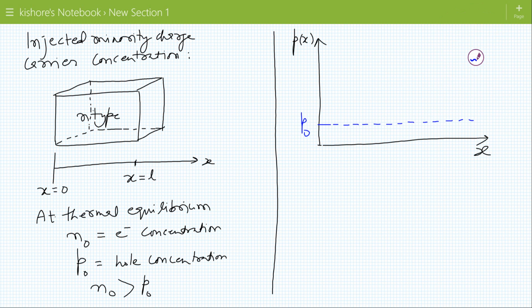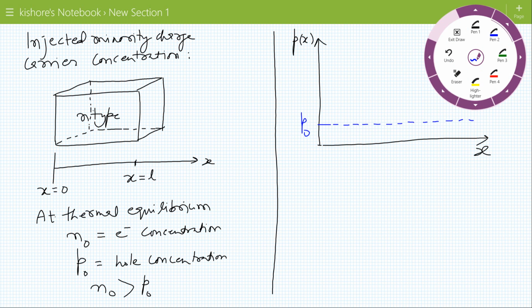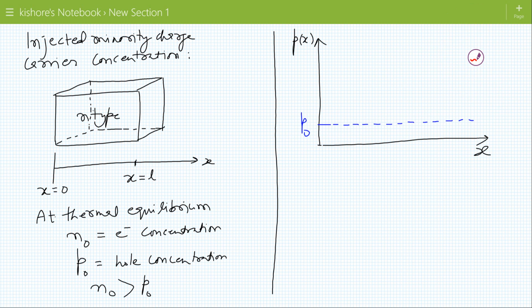Now if the semiconductor is illuminated or one side of semiconductor is exposed to light, or at x0 radiation falls upon the semiconductor. So at left side of semiconductor new electron hole pairs are generated.